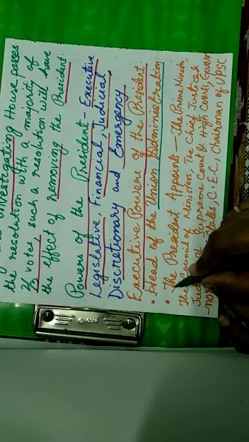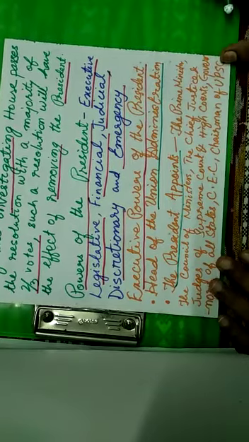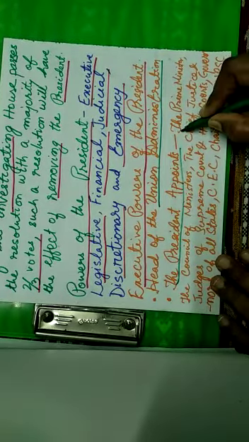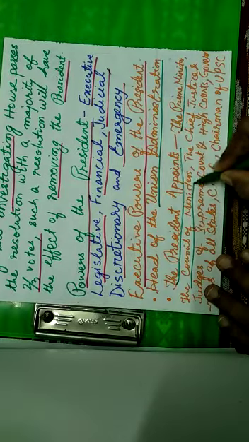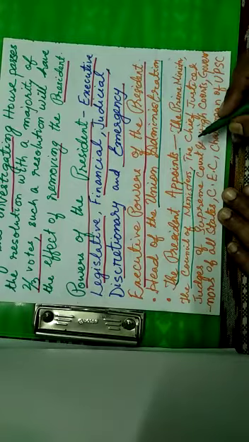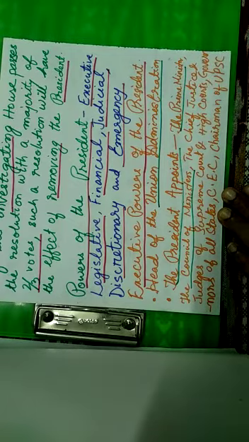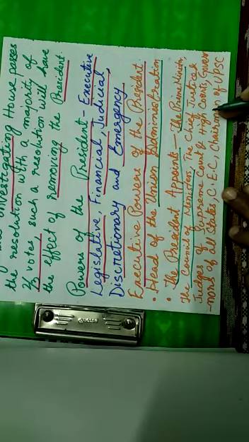In the second, the president appoints a large number of higher officials in the country. The prime minister is appointed by the president. The council of ministers are also appointed by him. And the judges are also appointed by the president.